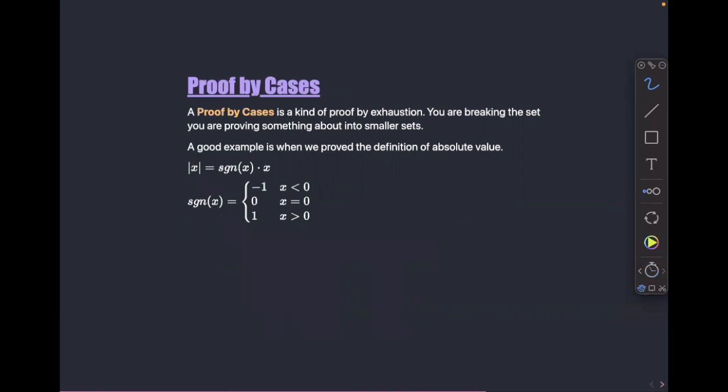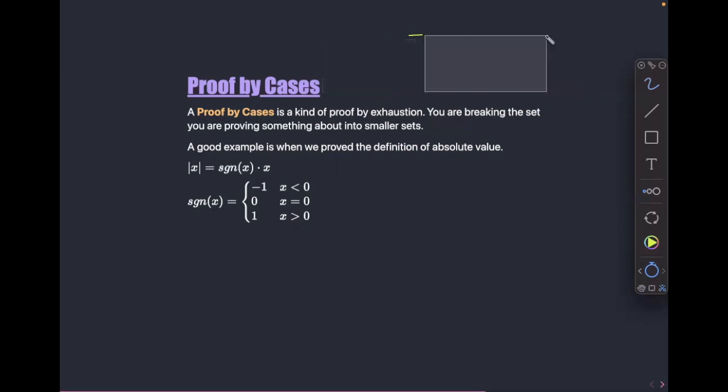Another type is basically like a proof by exhaustion, but what you do is you break a set into smaller pieces. One common type of proof by exhaustion you'll see is some attempt to break up the set of integers. So instead of trying to prove something for all x in Z, maybe you'll want to prove it for x even and x odd. If I can prove it for all even integers and all odd integers, then it's true for all integers.